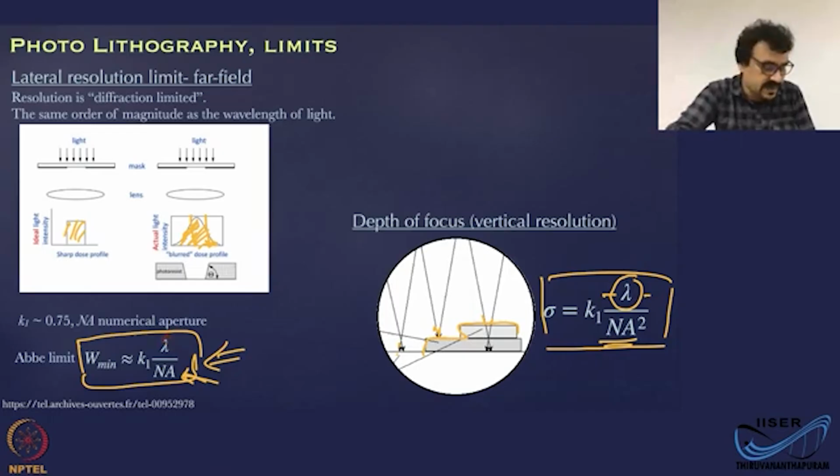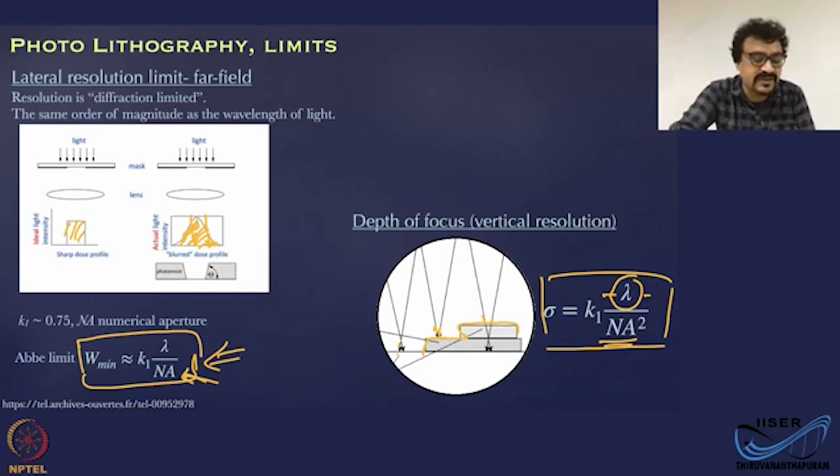So you can increase the depth of focus and also the resolution by playing with the numerical aperture, by using a medium which has a higher index of refraction. That is what generally is done.